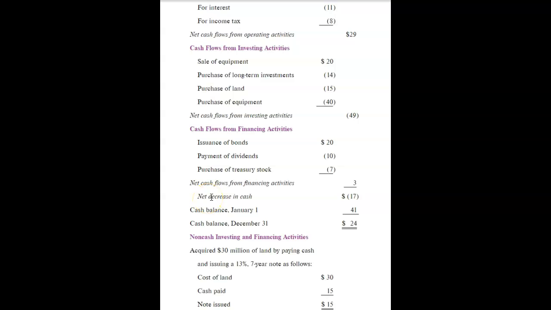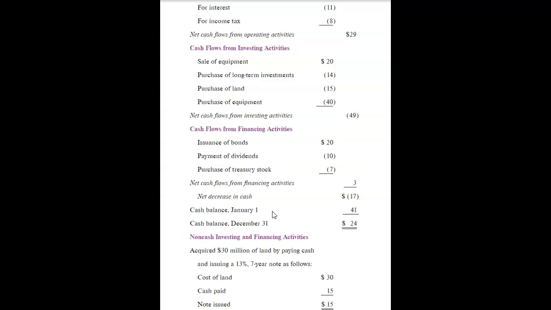The next line you will add to your statement of cash flows is net increase or decrease in cash, and that will be the total of the cash flows from the operating, investing, and finance sections. Just add those three numbers up. And then you will say cash balance January 1st, 20x2.